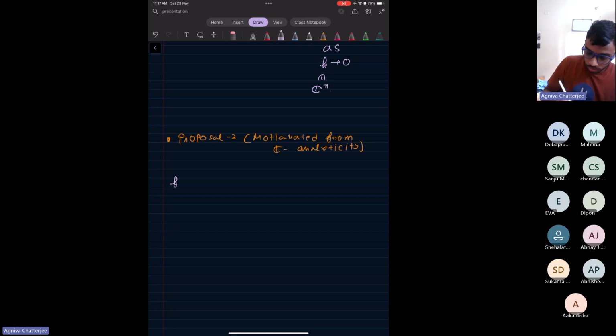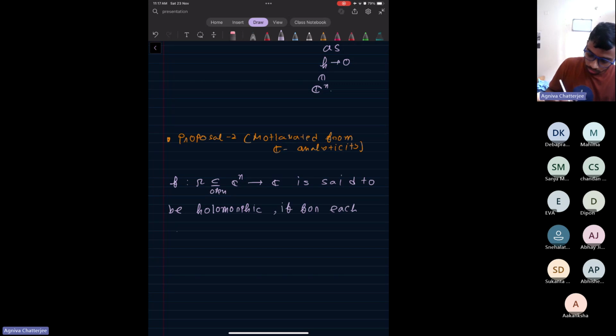So f from omega, an open set in Cn, to C is said to be holomorphic if for each a in omega there exists a neighborhood.